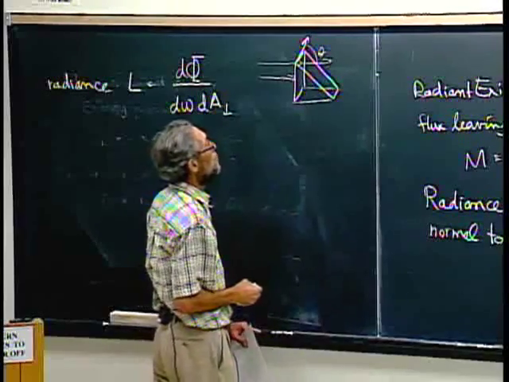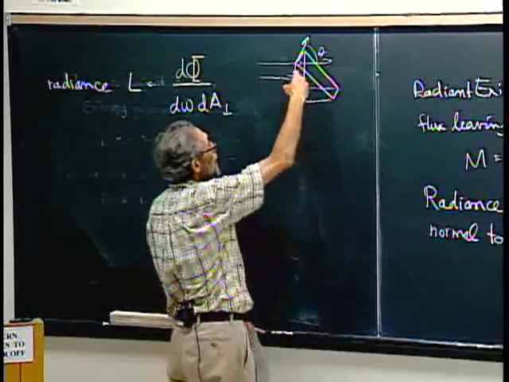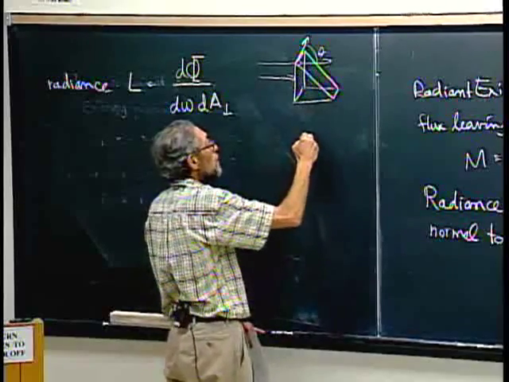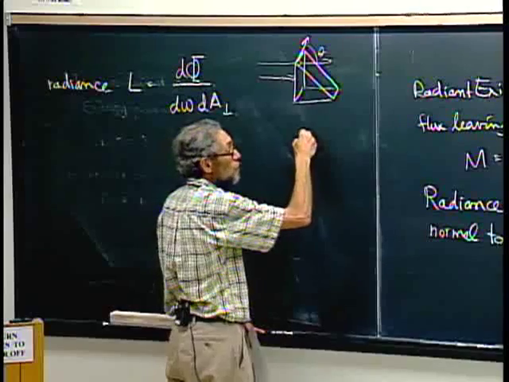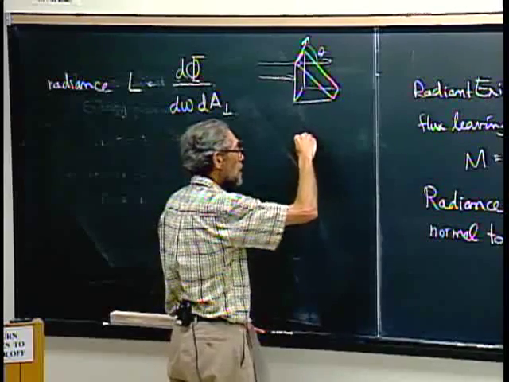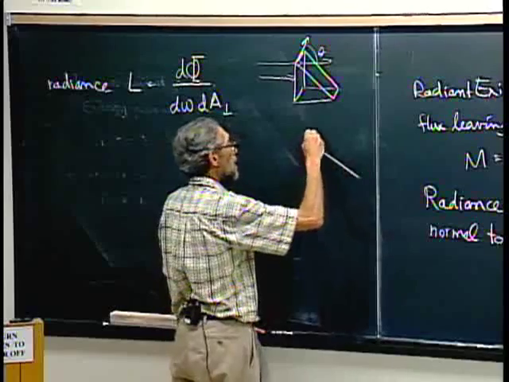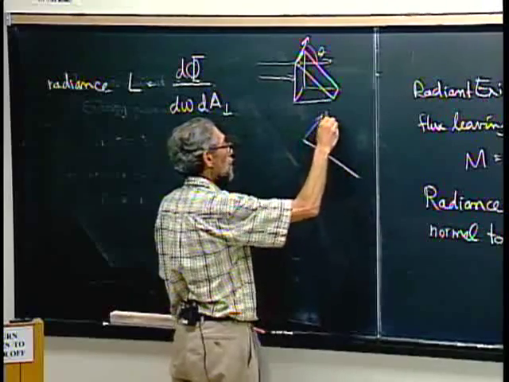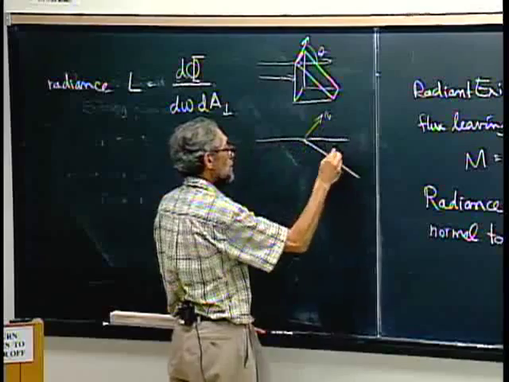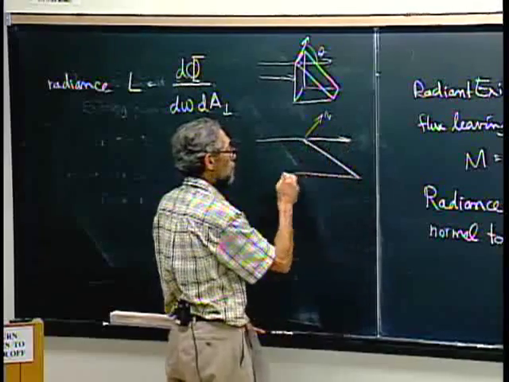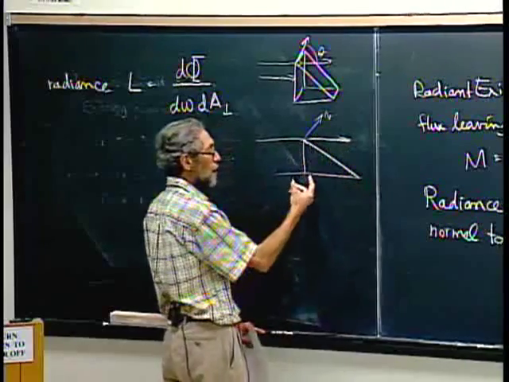I have the same kind of picture I was drawing before. I'm confusing it with the 3D picture. Let's just draw the 2D picture of the sort I had before, where here is an area, and here is its normal. And here is the direction that the beam is going, and I'm also projecting it onto this area.